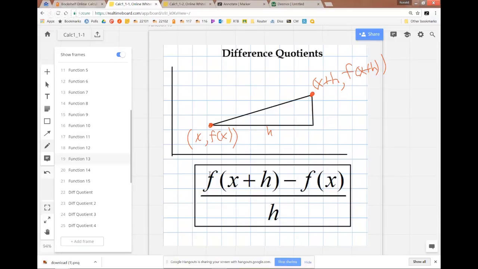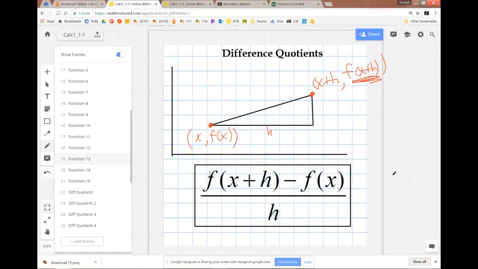So we literally have two generic points here. Now, what's basically the slope of that line? Well, it's the change in y over the change in x. So what's the difference between the two y's? You take f of x plus h minus the y coordinate of the first point, f of x.